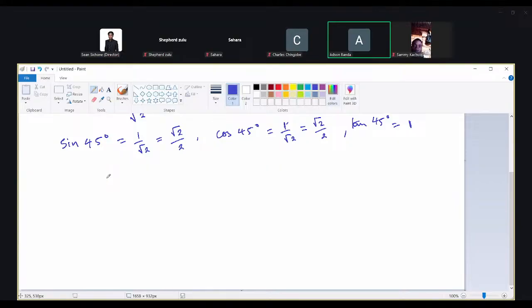You rationalize the denominator. Do you know how to rationalize the denominator? Yes, because we did that. Yes, sir. Do you want me to remind you? No. Okay. It's good if it is okay. Any other question or clarification?